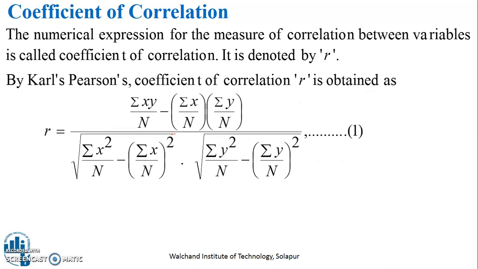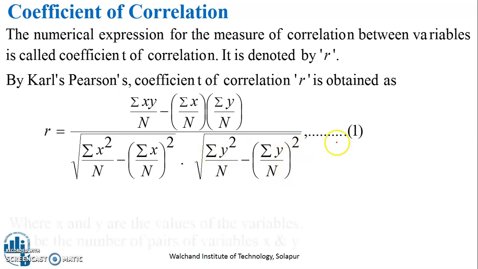Therefore, by Karl Pearson method, coefficient of correlation r is obtained by the formula r equal to summation of xy upon n minus (summation of x upon n) into (summation of y upon n), upon square root of [summation x square upon n minus (summation of x upon n) square] into square root of [summation y square upon n minus (summation y upon n) square].